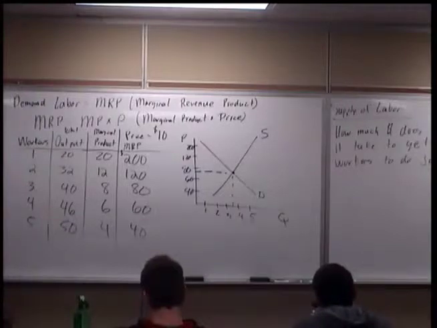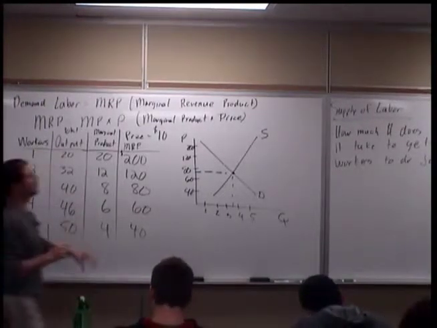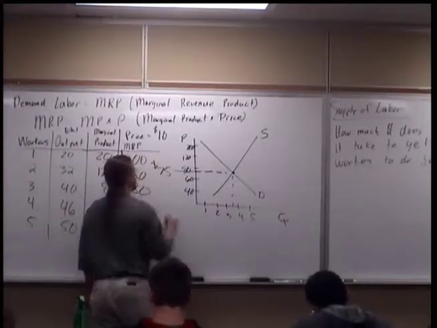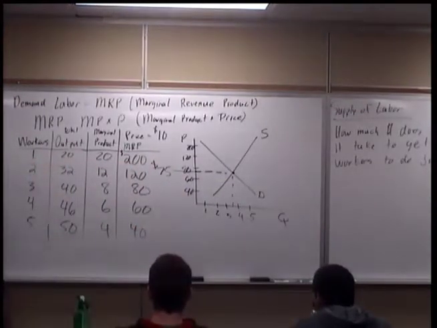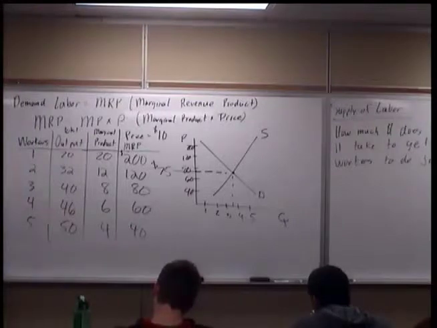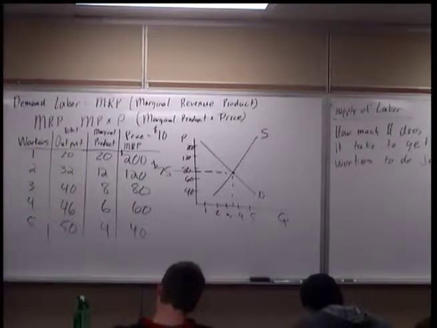All right? And so let's assume that in this particular market, the wage rate is $75 per day for each worker. So at $75, how many people is this company going to hire? Why?